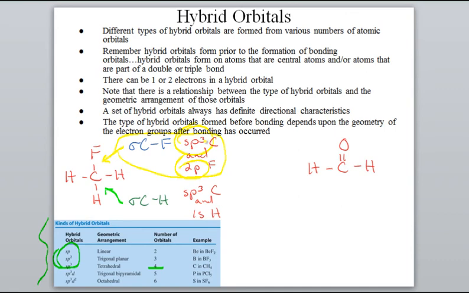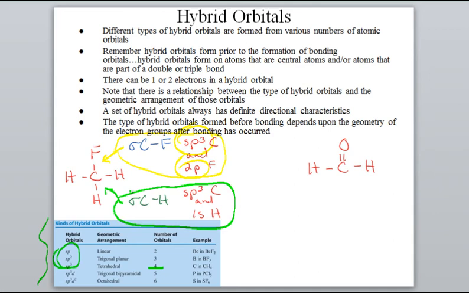Again, the fluorine only forms a single bond, so there's no hybridization. As far as the sigma carbon-hydrogen bond, it's still sp3 hybridization for carbon, and there would be 4 of those sp3 hybrid orbitals that would form around carbon. For the carbon-hydrogen sigma bond, that sp3 hybrid orbital would overlap with the 1s orbital on hydrogen.